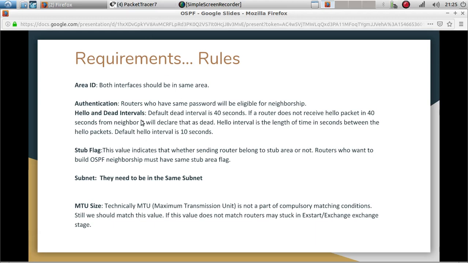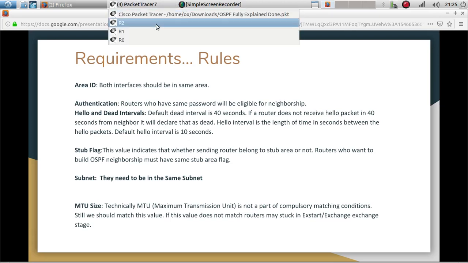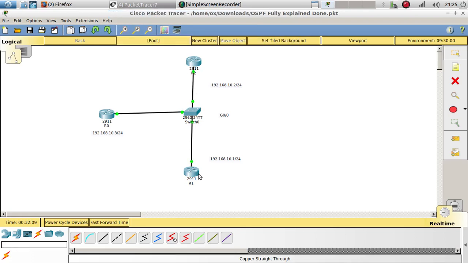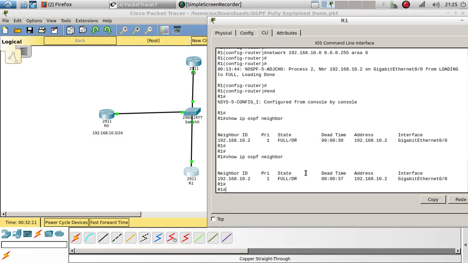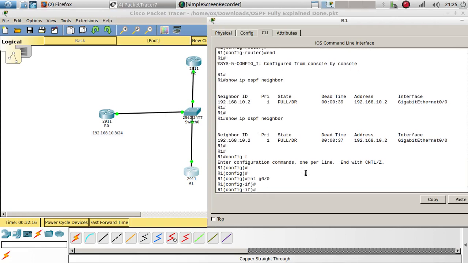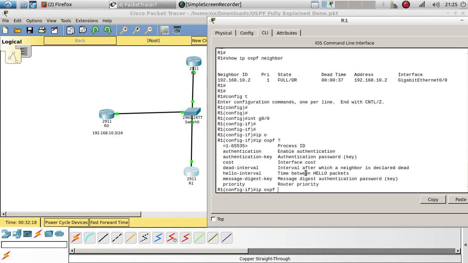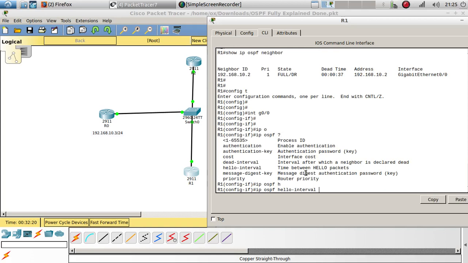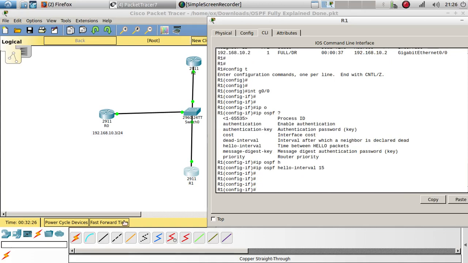Okay, so if we go and change that, let's change that in router 1. Config T, and I believe you need to do it from the gigabit interface. I think you do OSPF hello interval. Let's put it at like 15, and let's fast forward.